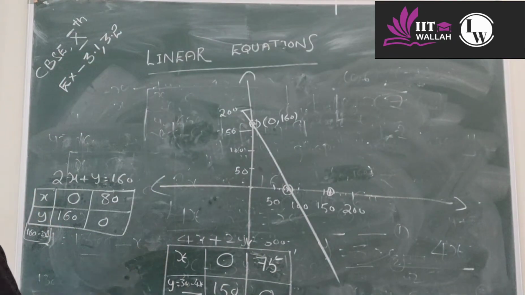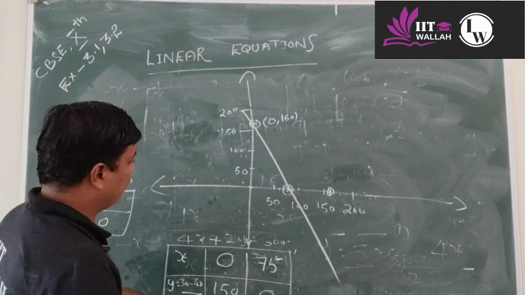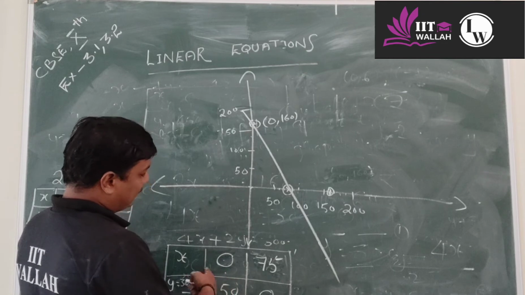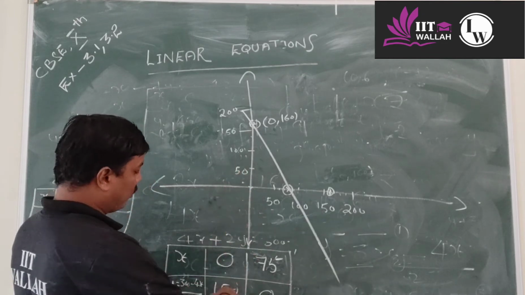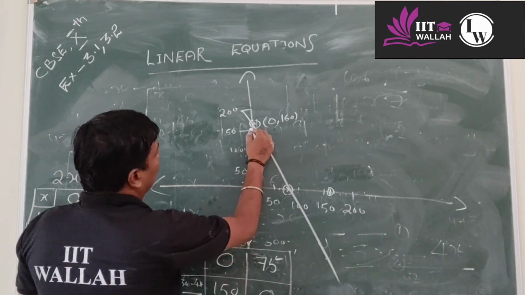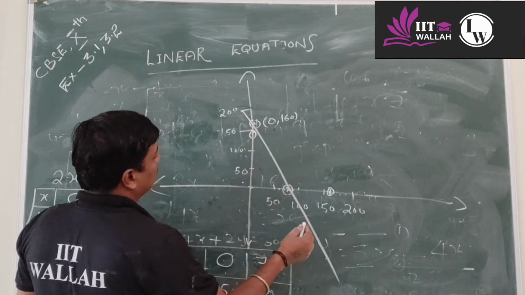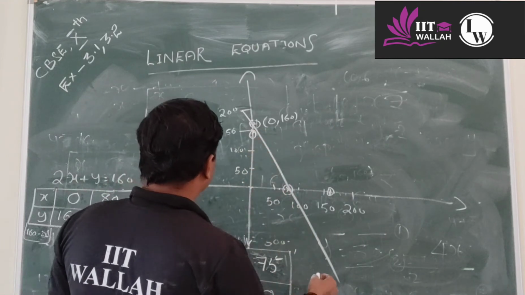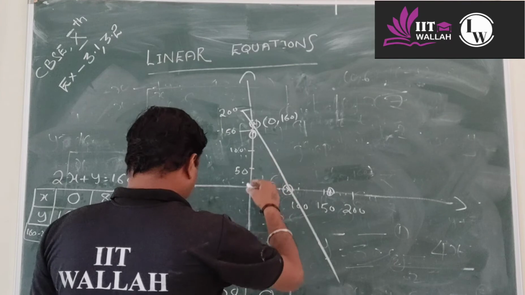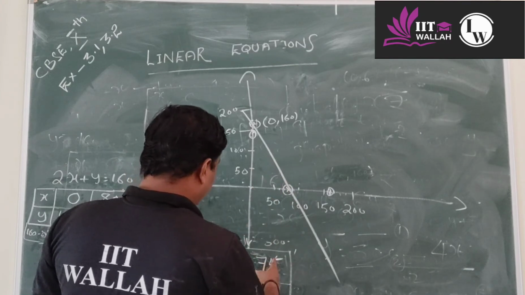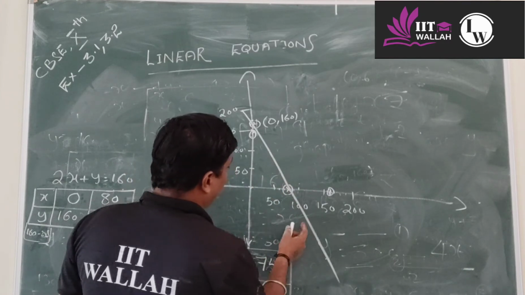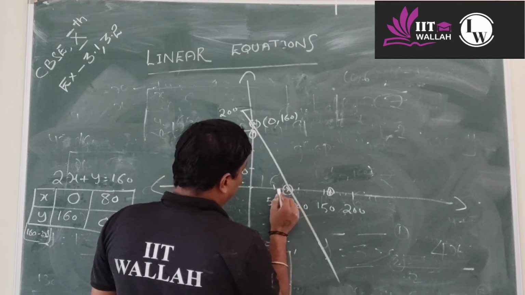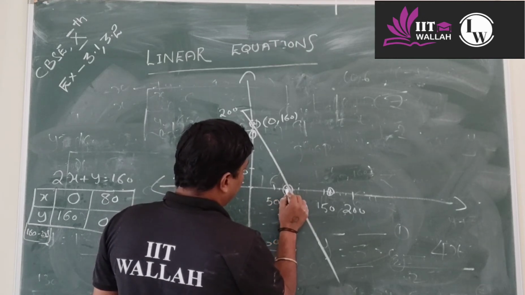And here 0, 150. That means X is 0, so it will be on the Y axis, 0, 150. So this is 150, 0, 150 here. Okay. And 75, 0. 50, 60, 70, 75 will be here.